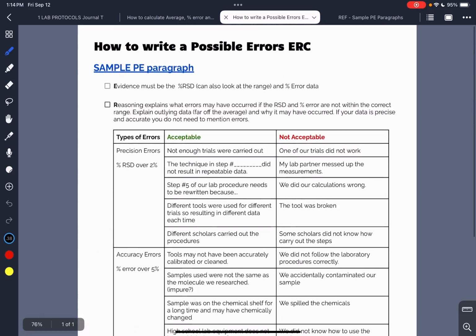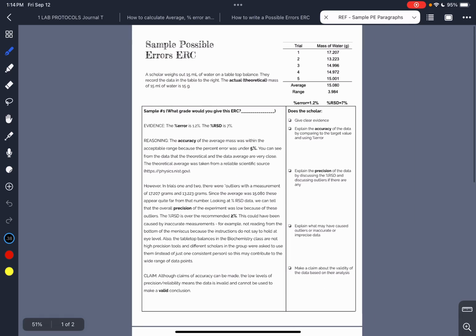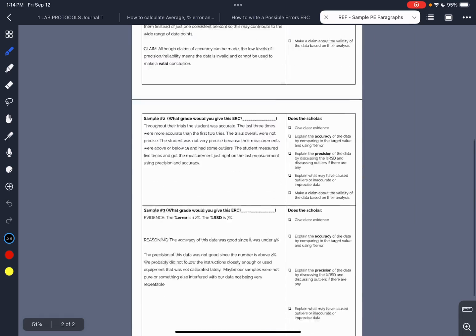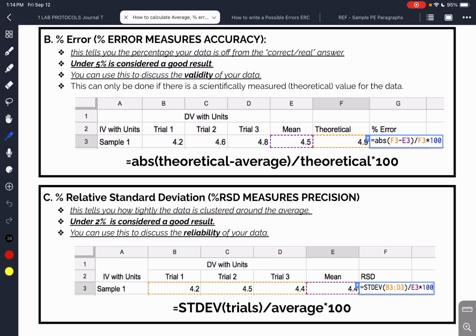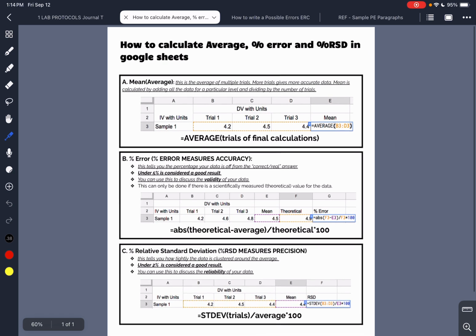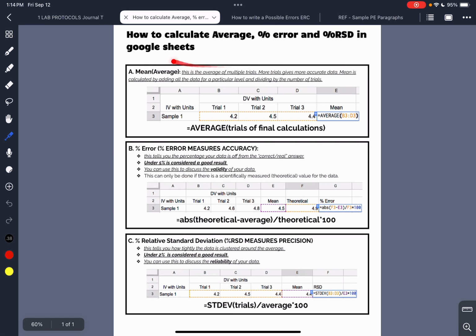We're also going to be using this sample as a reference so that we know what to include and what to avoid. More specifically, we want to be using this as our guide for our writing. This is going to help us make sure that we include everything that is needed in order to have a well-written possible errors paragraph.